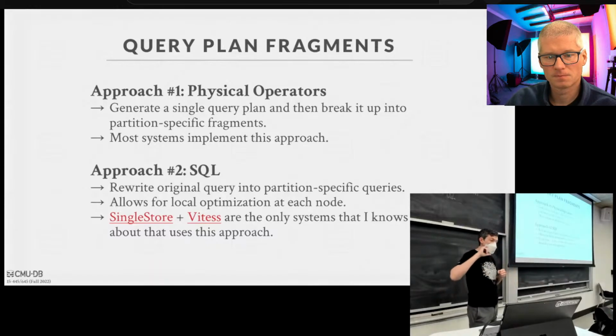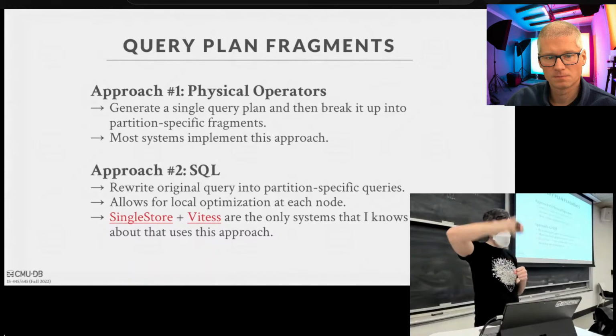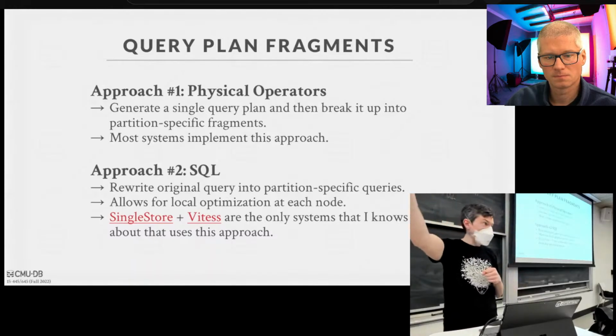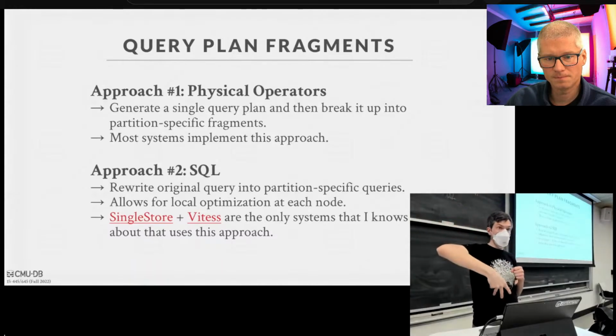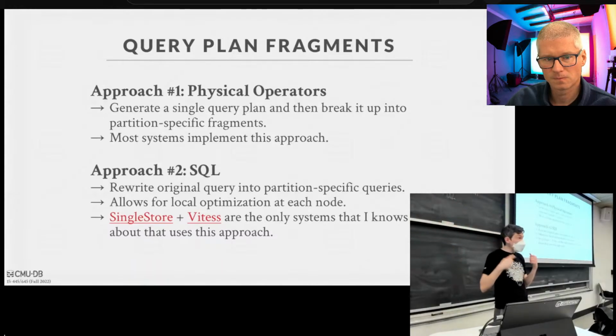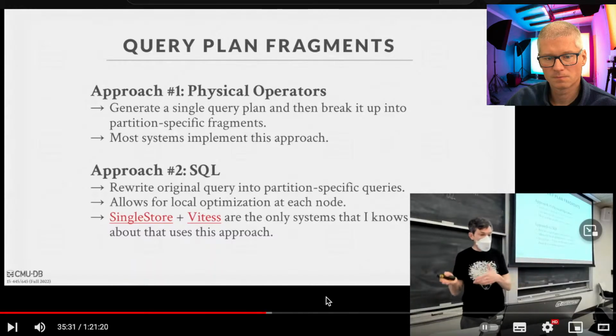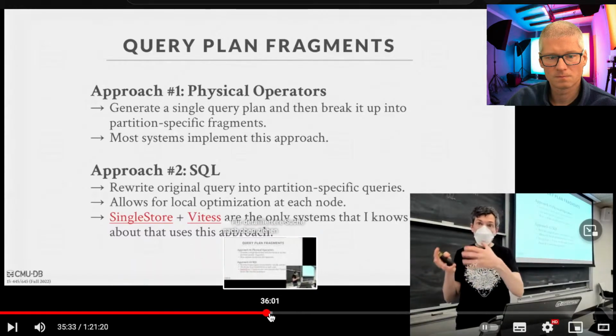So instead, if I can convert my plan fragment back into SQL and send that over to the node that's going to actually run that plan fragment, it can then run its own optimizer with its own locally collected statistics and potentially make better decisions because it has a local view of the data and how it actually wants to produce the result.